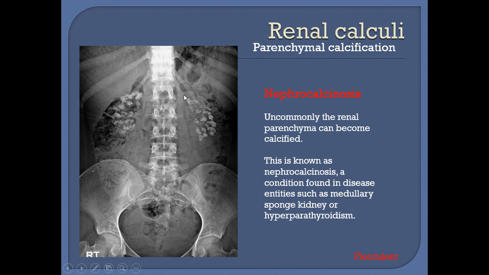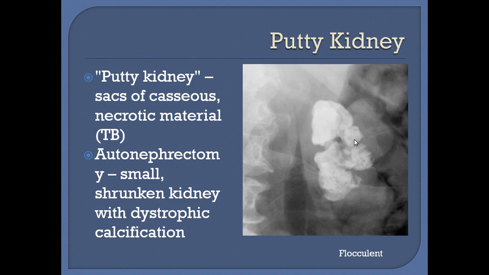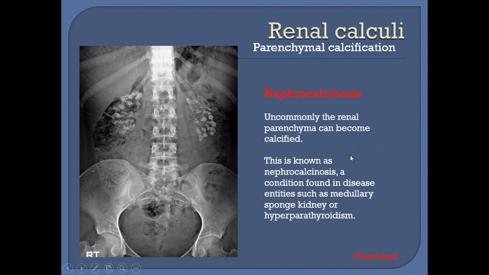Then nephrocalcinosis. There are multiple areas of calcification in both kidneys involving both cortex and medulla. So nephrocalcinosis can be cortical or medullary, with different causes. In this case it is a case of medullary sponge kidney.